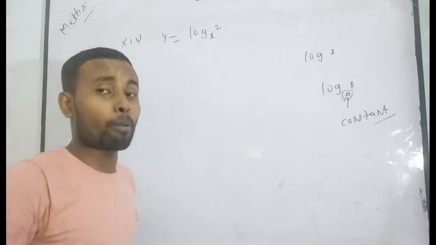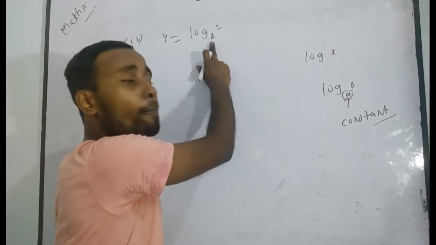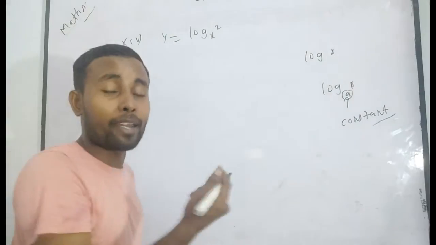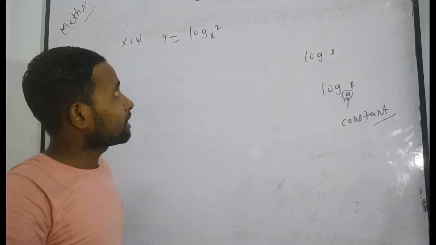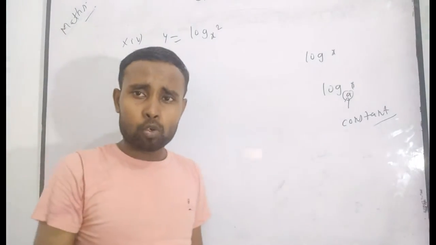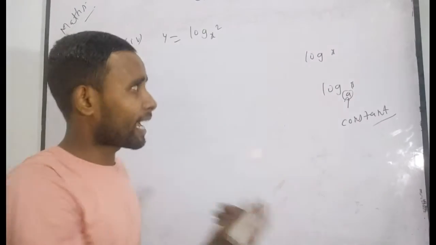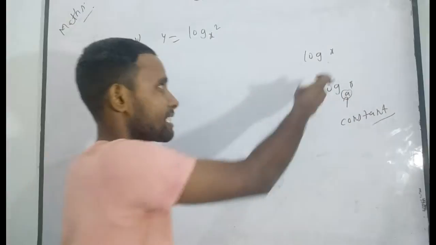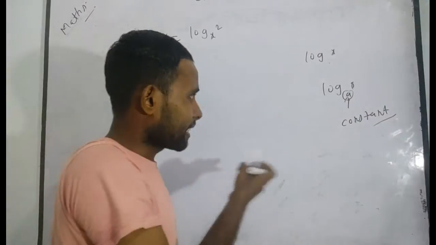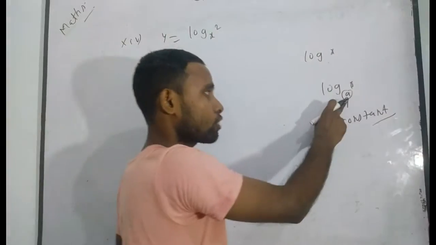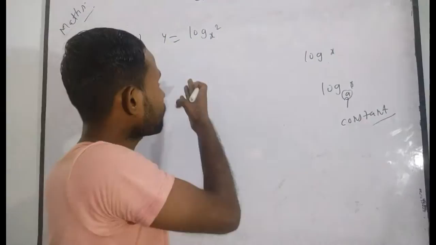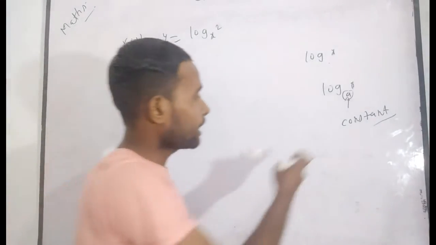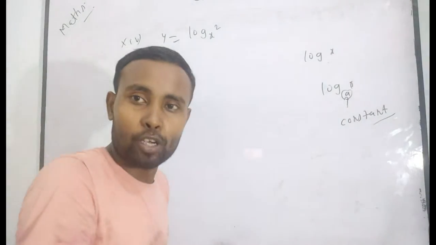But in this problem, there is no base e, or any such term; the base is totally a variable. There is no formula through which you can do this problem directly, because either there should be e in the base, or there should be base a. But in this problem, there is nothing like that. In that case, how can you proceed?